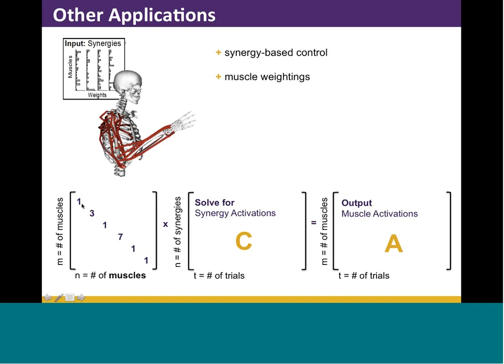In that case, if instead of having an identity matrix here, you replaced the element for specific muscles with a different weight, you're able to penalize or favor different muscles with respect to each other when you're estimating your muscle activity.